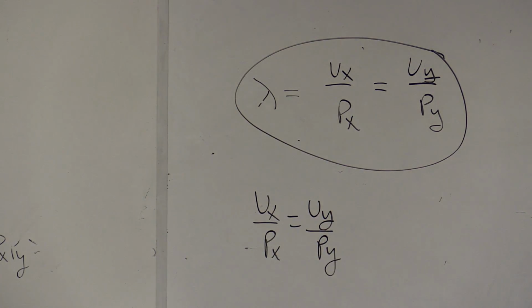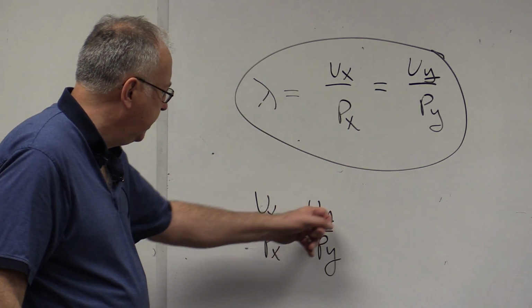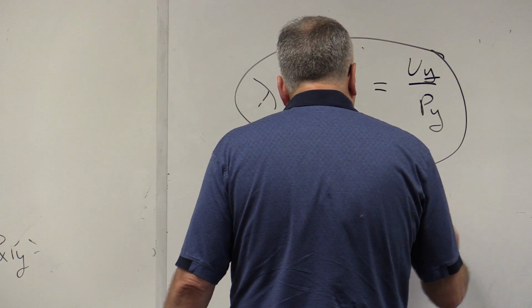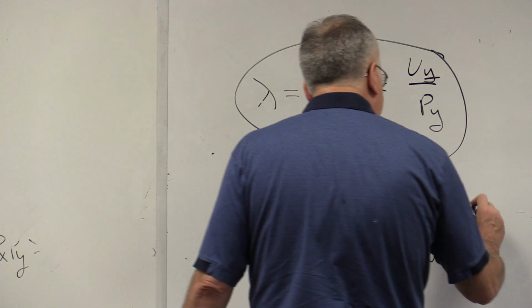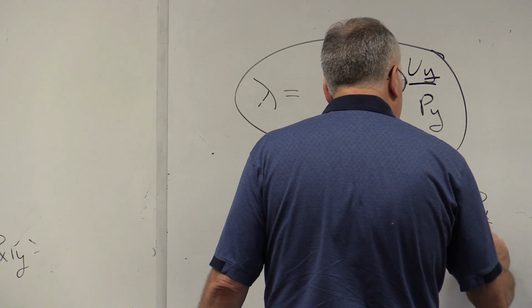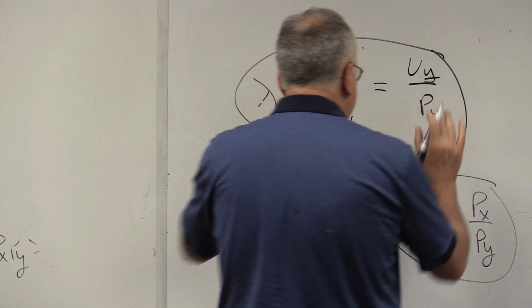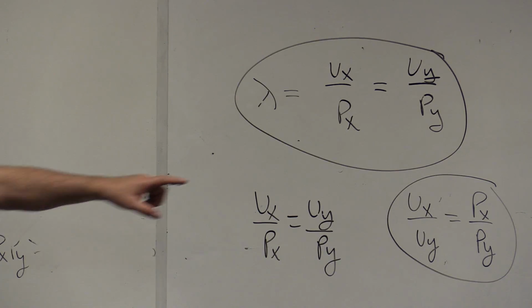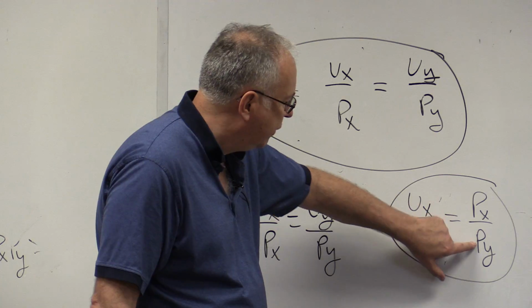If you just cross multiply, you interchange these two terms, you could write this as ux divided by uy equals px over py. So here's another interpretation of this efficiency condition. In other words, ux over uy must be the same as px over py.